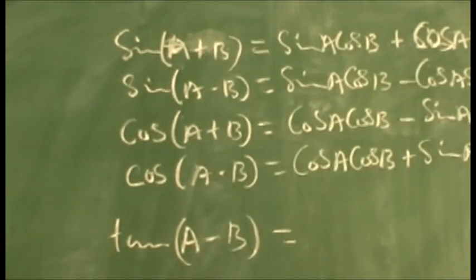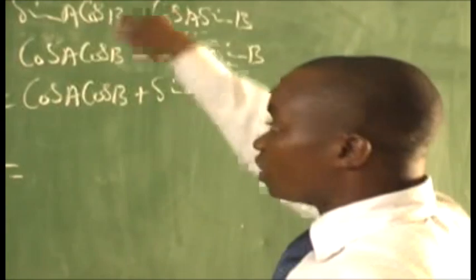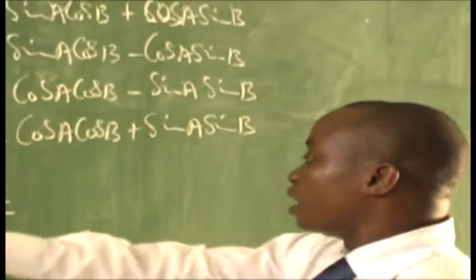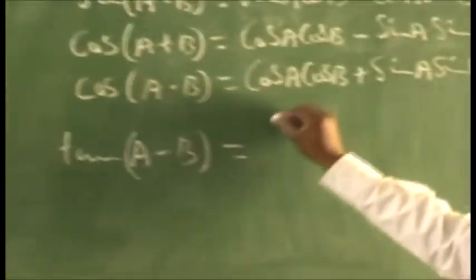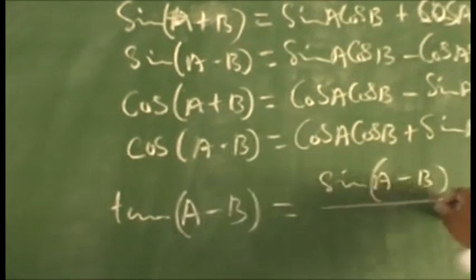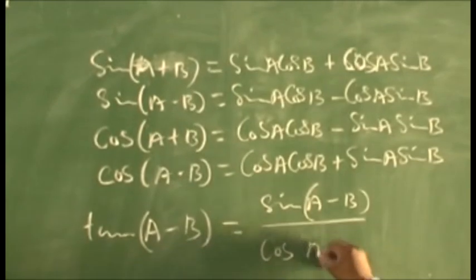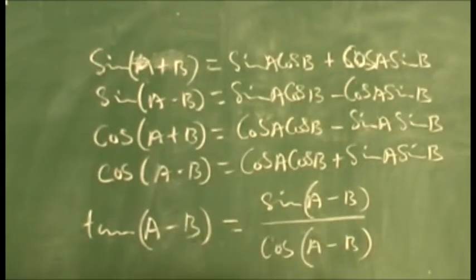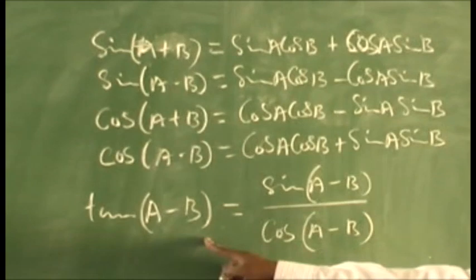We know very well that tan is equal to sine all over cos. So we can say that tan(A − B) is the same as sin(A − B) all over cos(A − B).